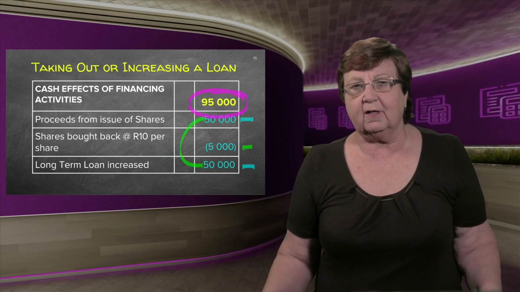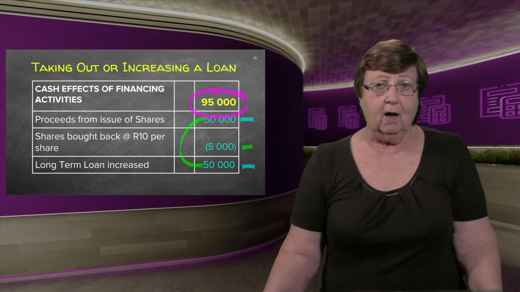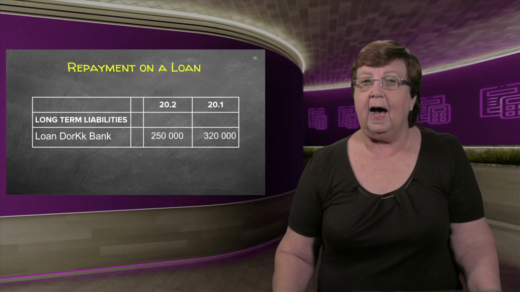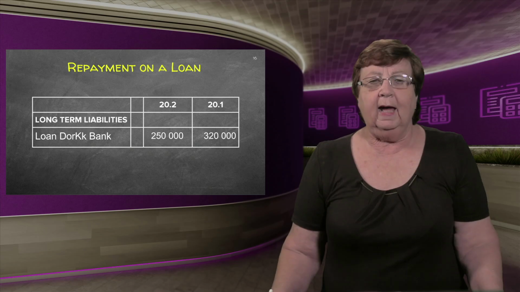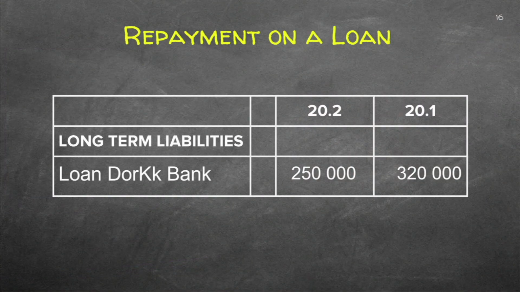So let's just look at the scenario now of decreasing our loan. Again, I'm back in the balance sheet and I look at the loan from dorKk and I see that this year the loan is 250,000. Last year it was 320,000.